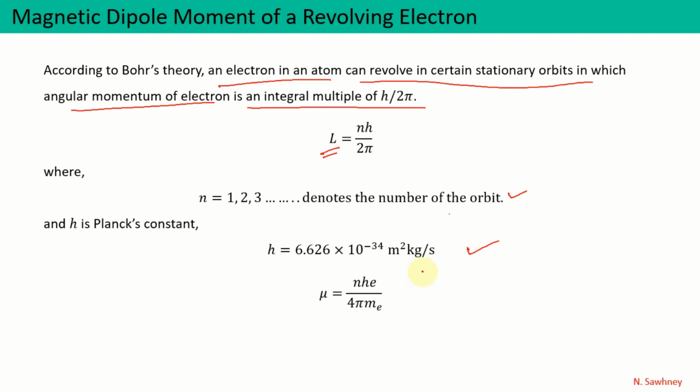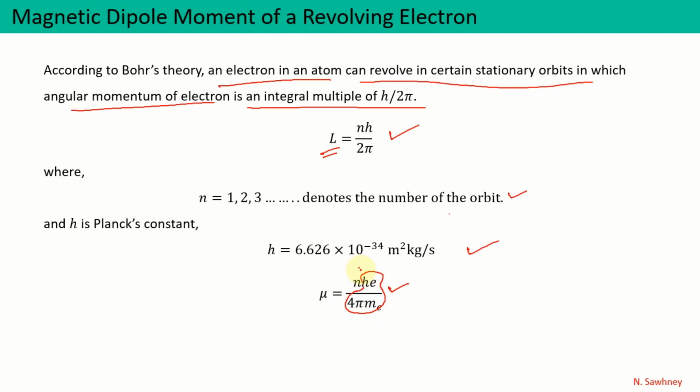So we can put this angular momentum expression, that is nh upon 2 pi, which was Bohr's hypothesis, in the magnetic moment expression that we have obtained earlier. So we will get this expression, that is nhe upon 4 pi into mass of electron. If you look carefully, all these terms are constant values.